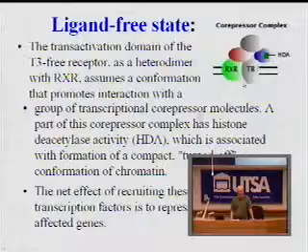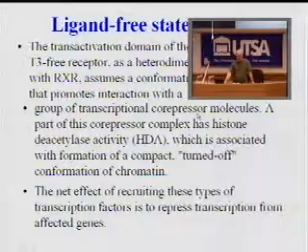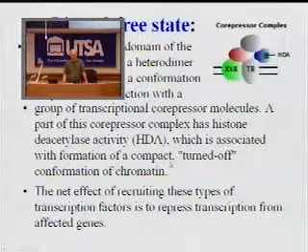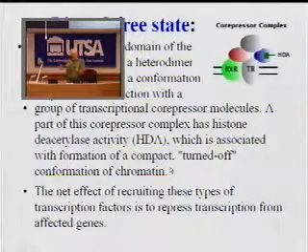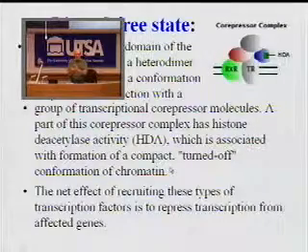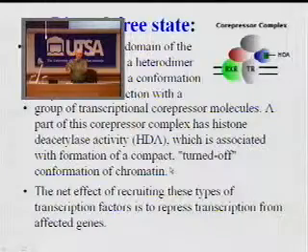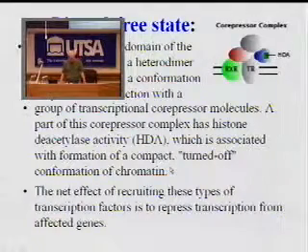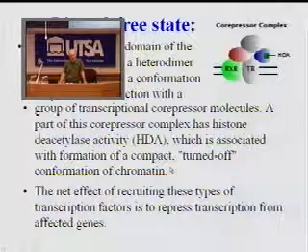We see that here. So the HDA is associated with the formation of a compact, turned off conformation of the chromatin. So it tightens the coiling and decreases the availability, or the amount of space available for RNA polymerase to randomly bump into its site for initiating transcription.